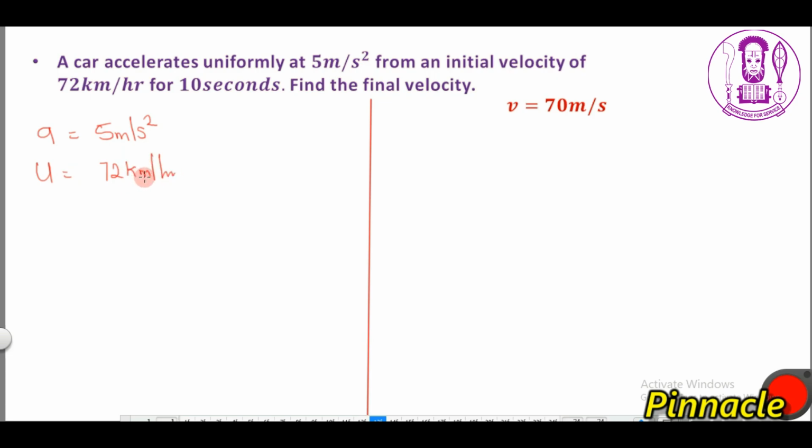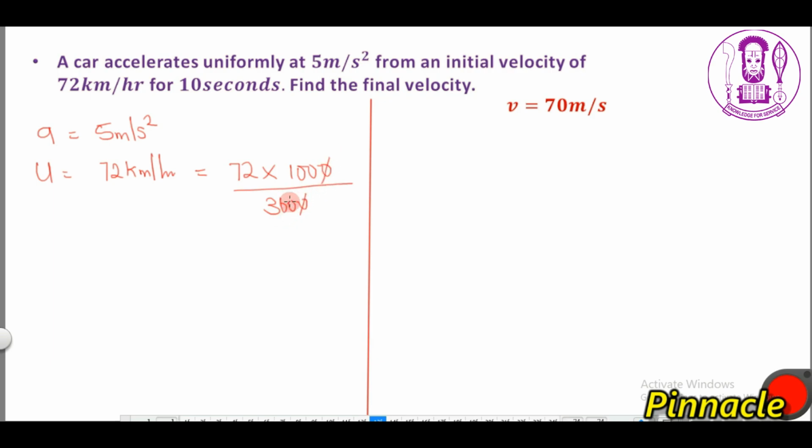You should know that kilometer per hour is not the SI unit of velocity, so we need to convert it to the SI unit. Converting 72 kilometers per hour to meters per second, it will be equal to 72 times 1000 divided by 3600.